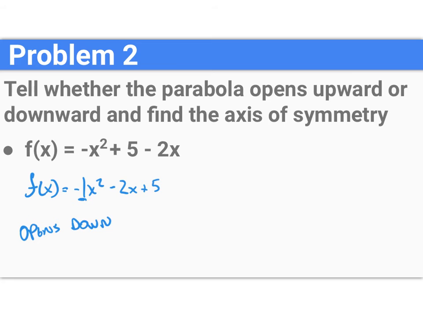And now to find a vertex, x equals -b over 2 times a, which gives us negative of -2. We're substituting using parentheses to keep our sign straight. We get 2 over -2, which is -1. So our axis of symmetry is when x equals -1, that will be a vertical line at -1.